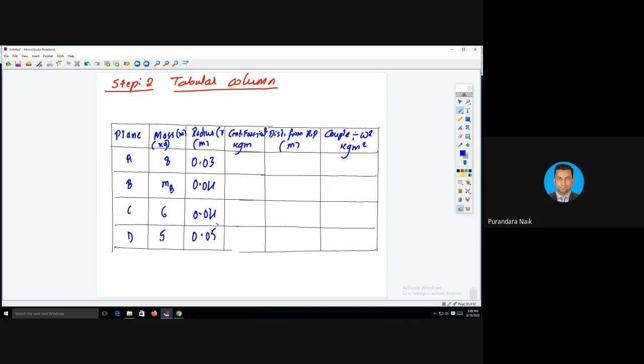After this, you need to consider the centrifugal force. To find out the centrifugal force, you multiply mass with radius, and we'll get the answer for centrifugal force. We'll have 8 into 0.03, multiply this, and we'll get an answer as 0.24.